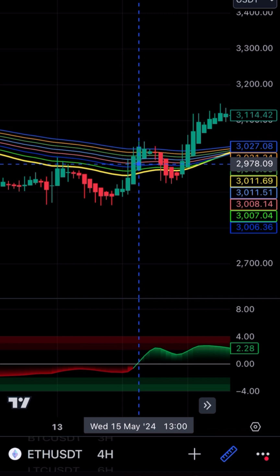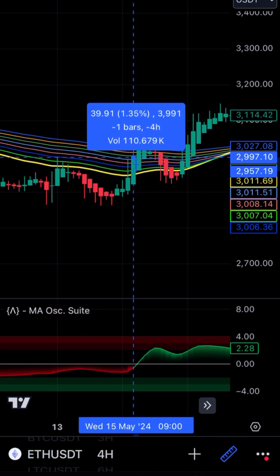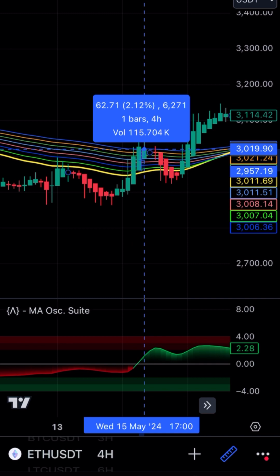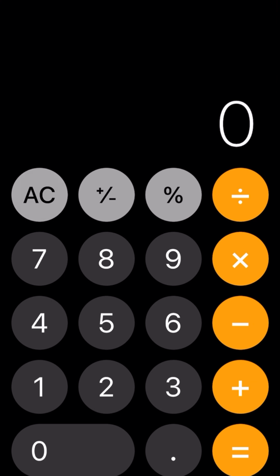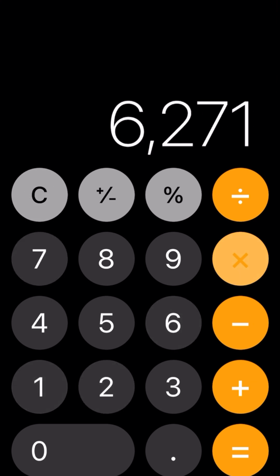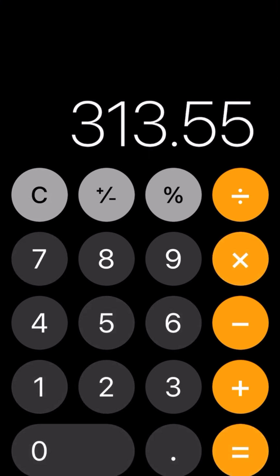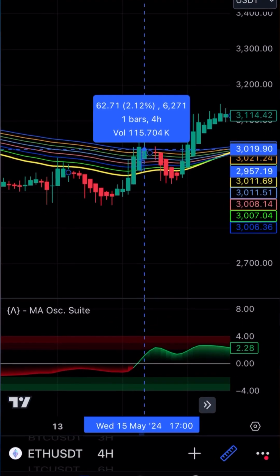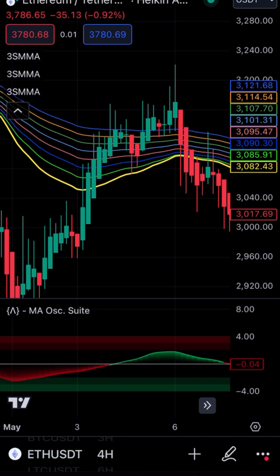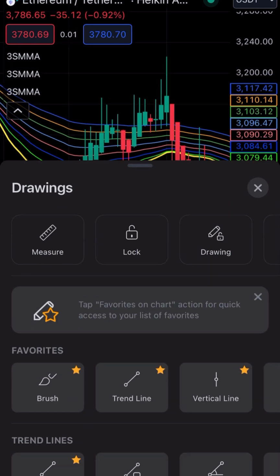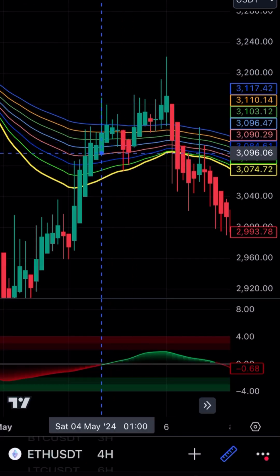See, in the 4 hour, this one isn't long at all. This one is 6271. 6271 times 0.05. This one is $313. Let's look for it again. You see it crossing right here.